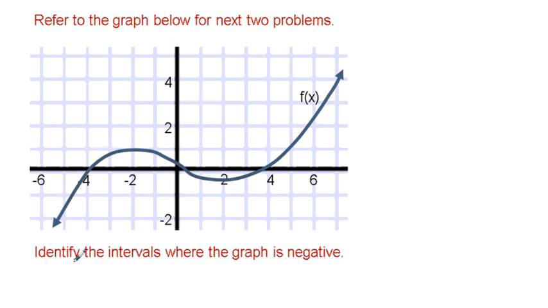Okay, next one, identify the intervals where the graph is negative. Well, the graph is negative below the x-axis. So here's a piece where the graph is negative, and here's another piece. Everywhere else, the graph is equal to or greater than 0.